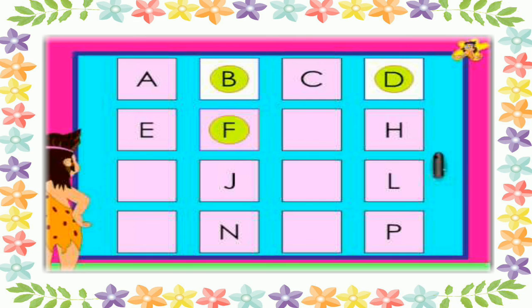Yes, it's a G. So here we write G. Very good. Okay, now H. Then which is the letter here? No fill. So which is the letter comes next? Yes, it's an I. Very good.